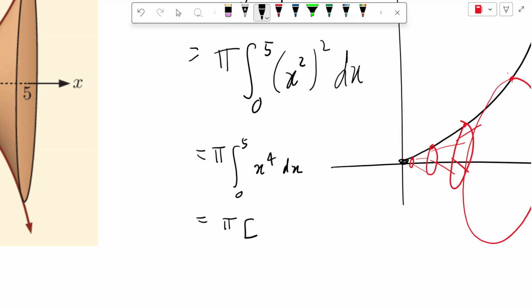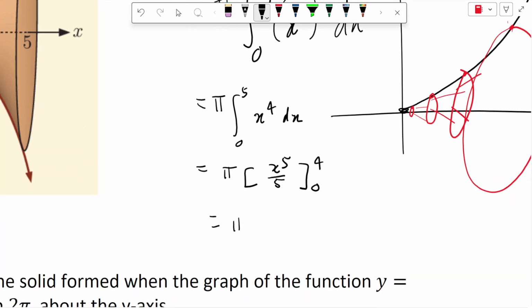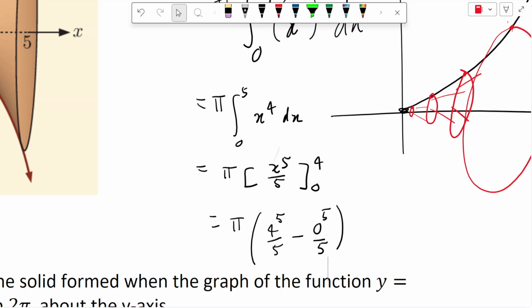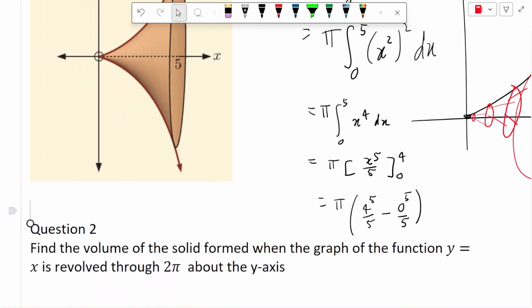This is pi times x to the 5 over 5 from 0 to 5. We could have done this on the calculator, actually, but it's 5 to the 5 over 5, take 0 to the 5 over 5. So we can just figure out what that is. So it's 1024 over 5 times pi.